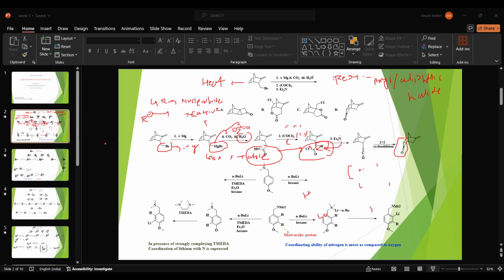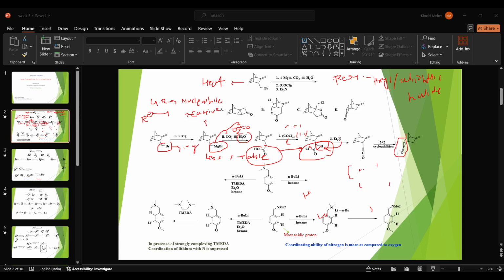And after that, you are using paratoluene sulfonic acid. This one is an acid, and our alcohol will accept a proton from paratoluene sulfonic acid, and it will create a carbocation. Whatever carbocation you get, like the cyclohexyl carbocation, the tertiary carbocation, will be stabilized by the phenyl group, and also by the two methylene groups through hyperconjugation.